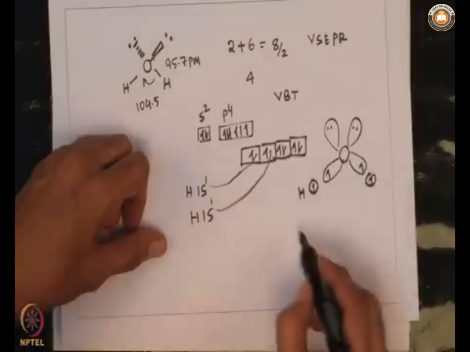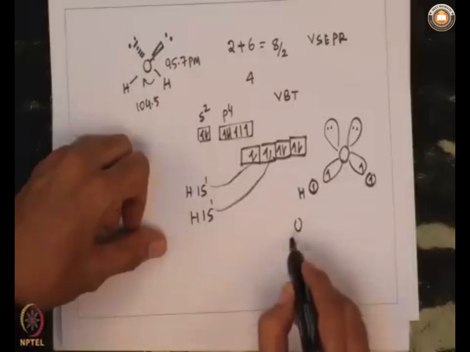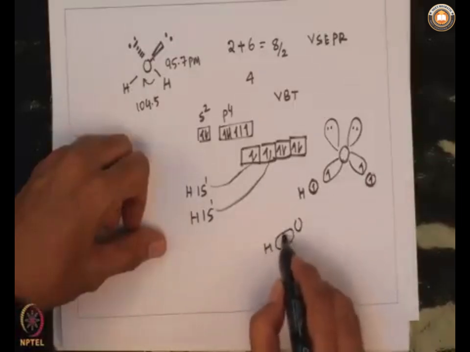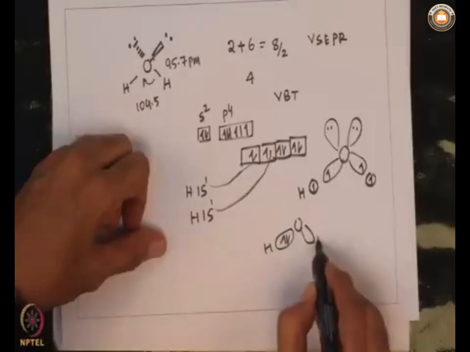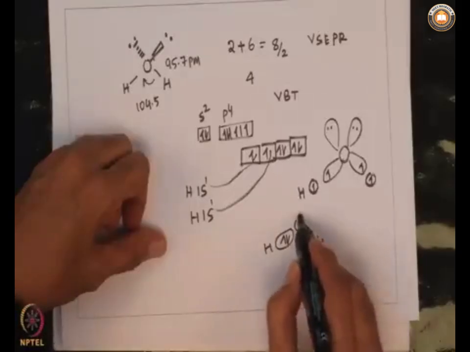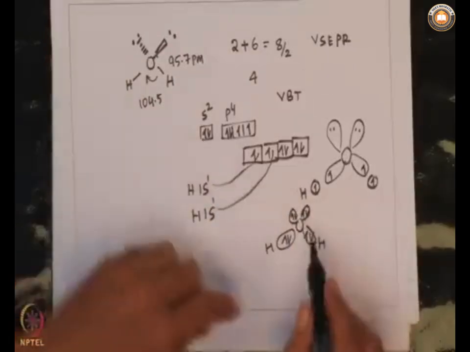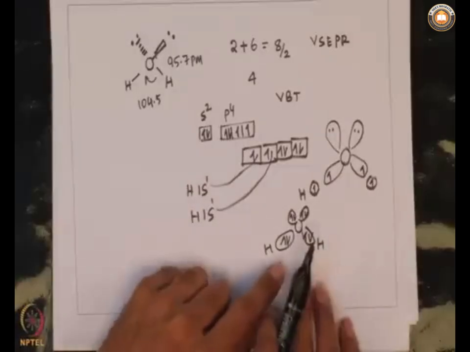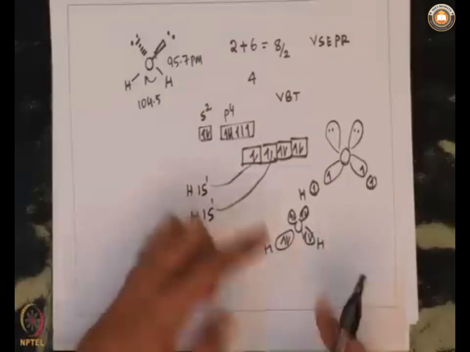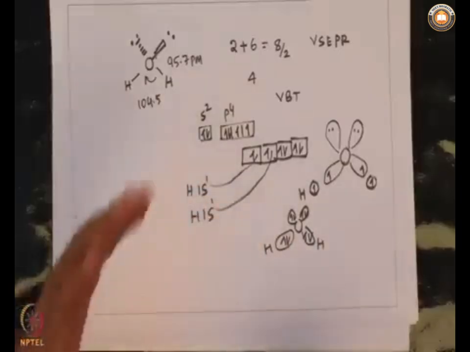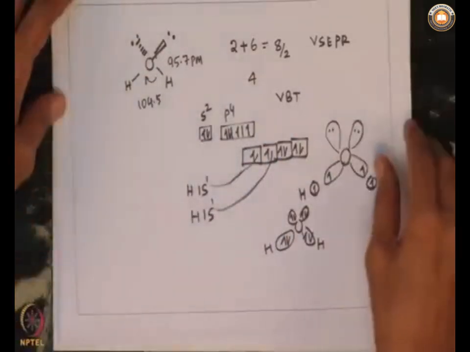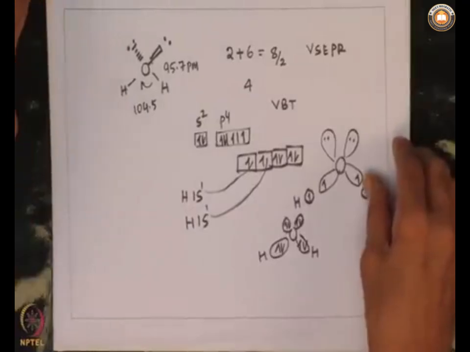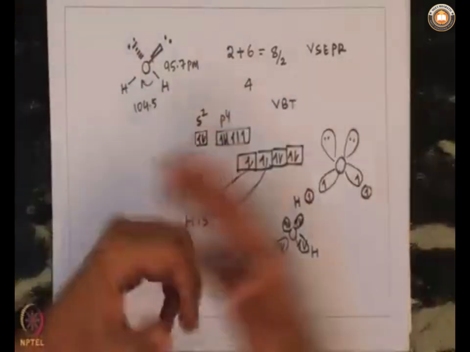So, these two combine, that leads to the formation of 2 electrons here, 2 electrons here. Because of this kind of arrangement of 8 electrons, 2 bonded pairs and 2 lone pairs, water has a V shape, and this is how one can explain the bonding in water molecule using both VSEPR theory as well as valence bond concept.